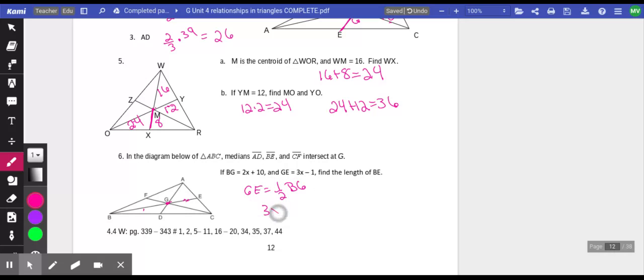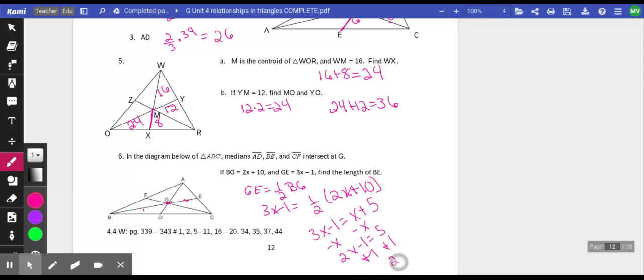So that means 3x minus 1 equals 1/2 of (2x plus 10). Distribute my 1/2, so it's 3x minus 1 equals x plus 5. Subtract x, 2x minus 1 equals 5. Add 1, 2x equals 6, which means x equals 3.